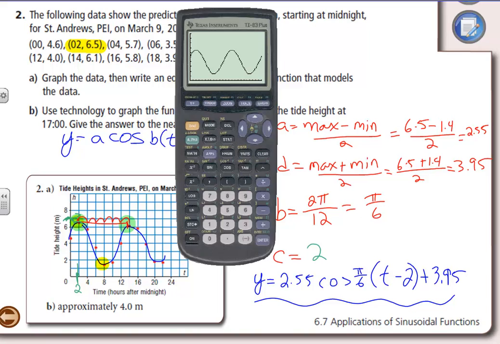At this point, we want to find out what's going to happen. We're looking for 1700 hours, that is 17 hours after midnight. That's an x value. So we go to value and plug in 17, enter, and we get 3.95. So approximately 4 meters.